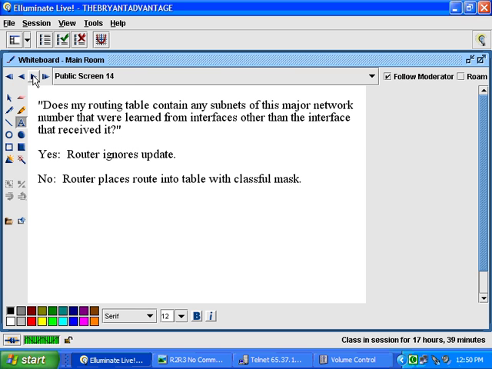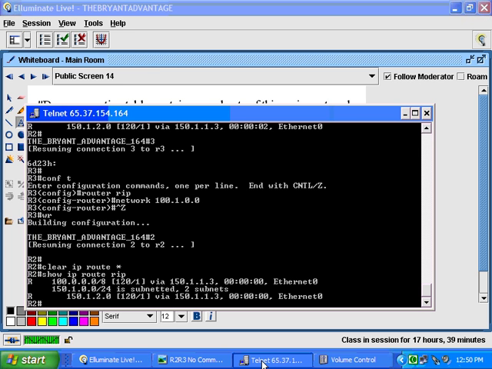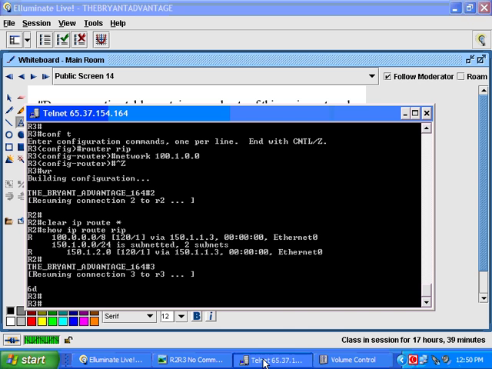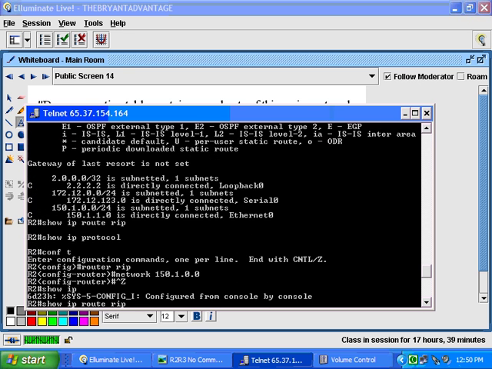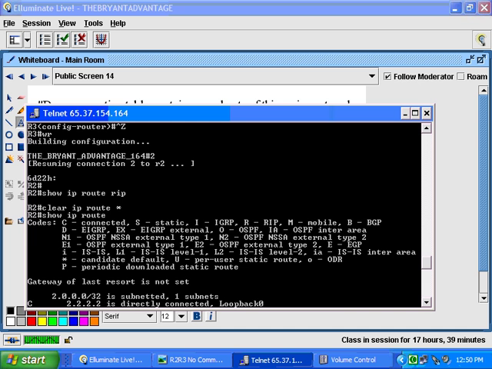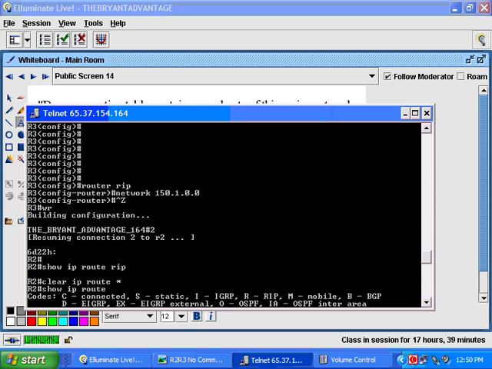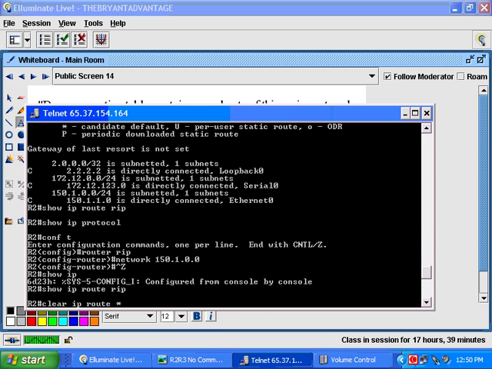And you'll notice I wanted to show you one thing too. I see this on the web once in a while, so I just wanted to clear it up. You'll notice that I did use the command network 100.1.0.0 on router 3, but it still took it. Sometimes, since that's a class A, people think, well, I've got to type in network 100.0.0.0, but you don't have to.